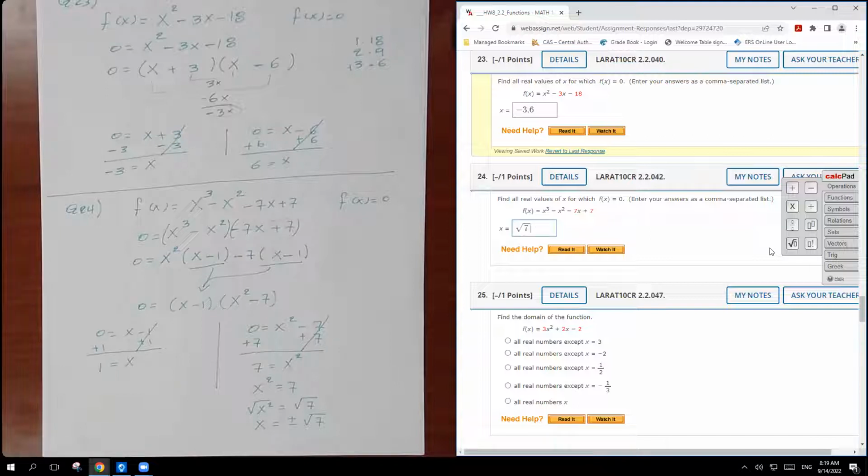When you type the comma, you have to get out from the square root, comma, and then we're going to put negative square root of 7. And again, you have to get out from under the root, and another comma, and we're going to type the other solution is 1. That's it for this example.